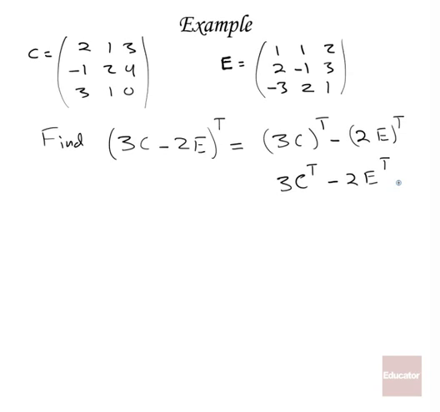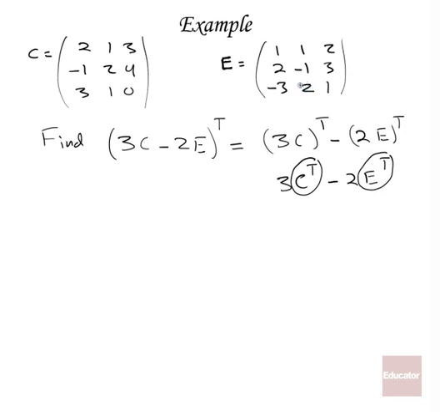When we do C transpose and E transpose, these are 3 by 3, so it's going to end up with a 3 by 3 transpose.